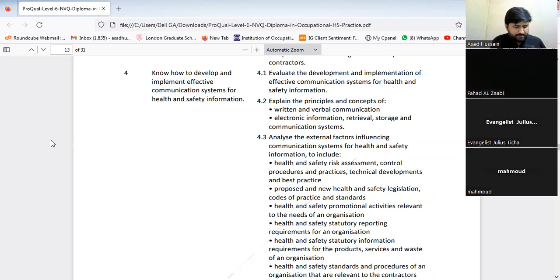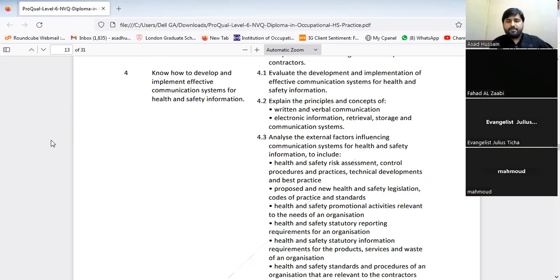Like written things, it will be like maybe any safety alerts, maybe it will be like a information. Yeah, written thing. Yeah, it will be information regarding these, what you have in your organization.